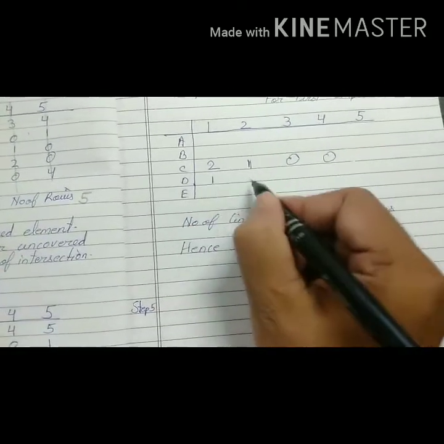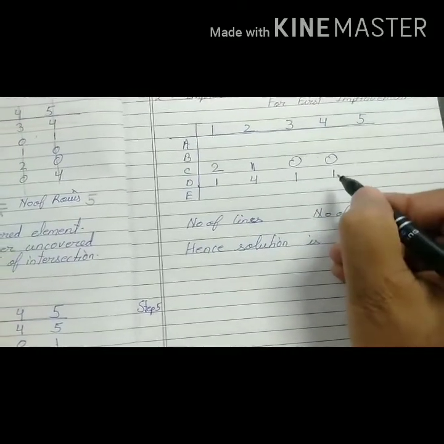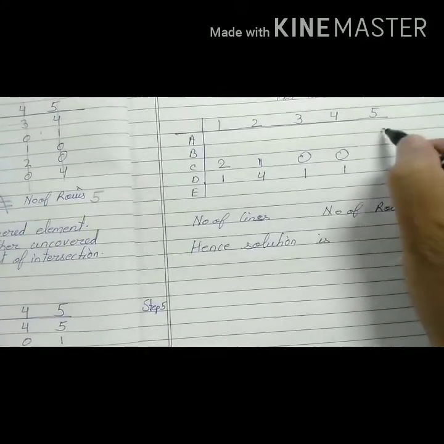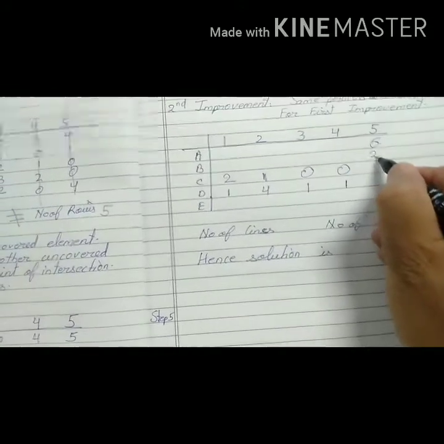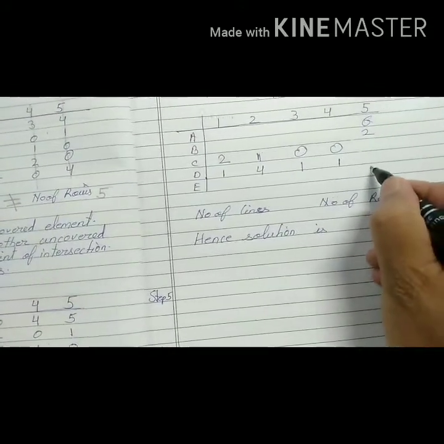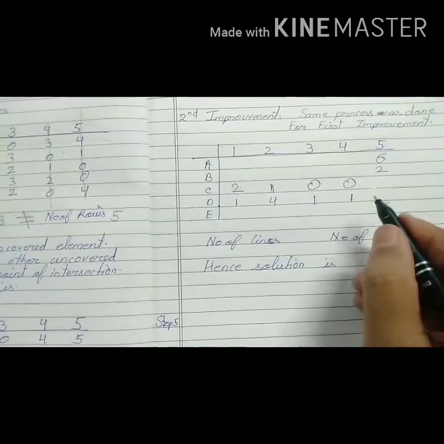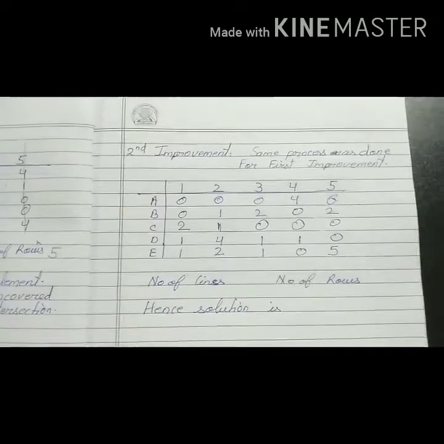Here 1, 4, 1, 1. Now we need to add the 1 at point of intersection. So here this will become 6. This will become 2. Here it will become 5. Now copy the other elements as they are. Now check. We got a new matrix.